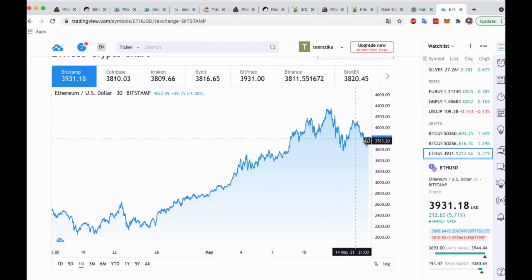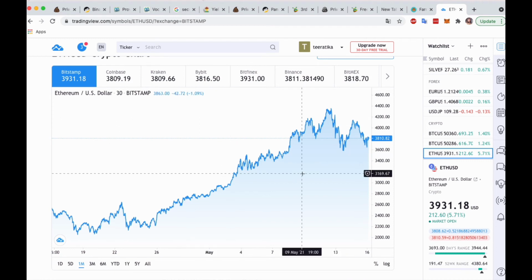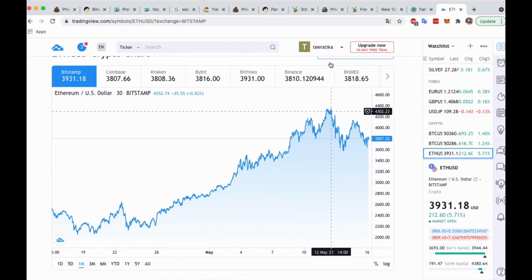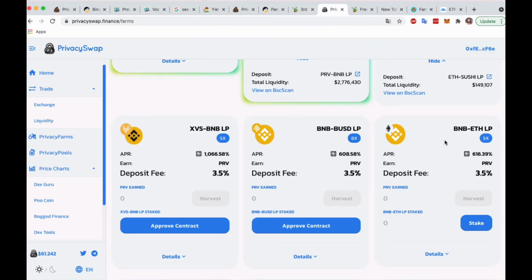It pretty much stopped for a little rest over here, and it's just about getting ready for another movement. There's a lot of potential in Ethereum. Why? Because even before the Binance network existed, Ethereum was the network on which many products were being built. So therefore, a pair such as this, as of right now, is a really, really good prospect.